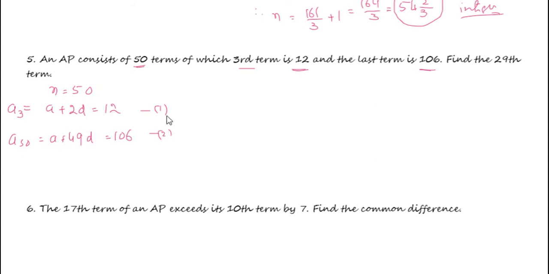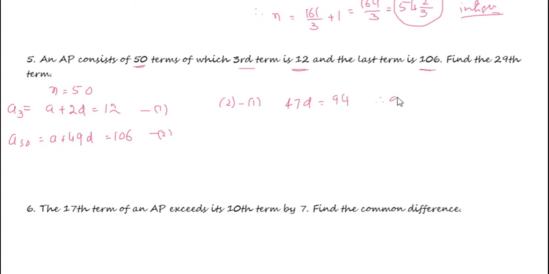Let us subtract equation 1 from 2. So 2 minus 1, a cancels. 49 minus 2, that is 47d equal to 106 minus 12. 106 minus 12 is 94.